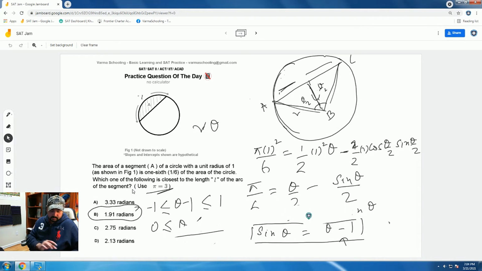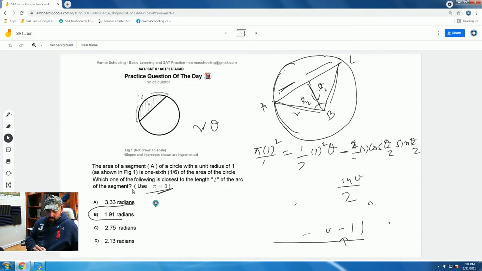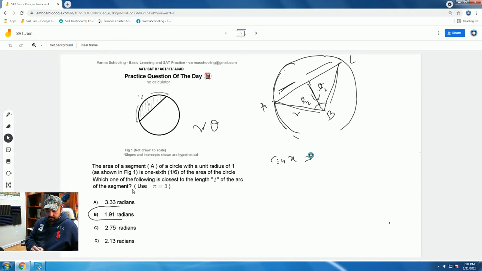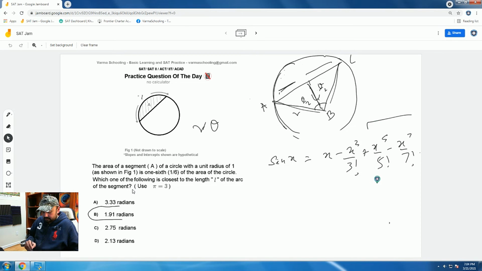For the sine series, sine x equals x minus x cubed by 3 factorial plus x to the power 5 by 5 factorial minus x to the power 7 by 7 factorial. I think that's your series. These terms start getting really, really small for small angles, so you can technically approximate it as x minus x cubed by 6.